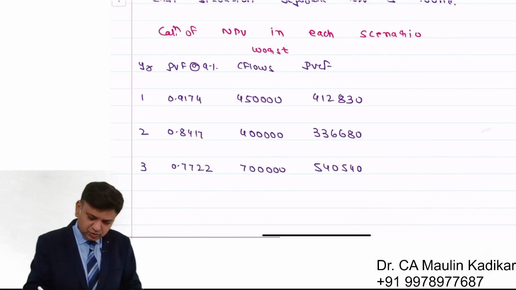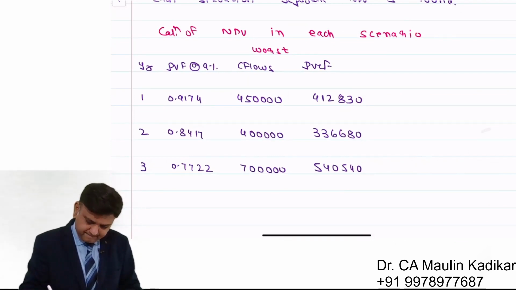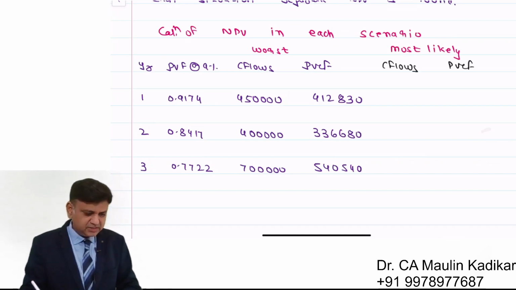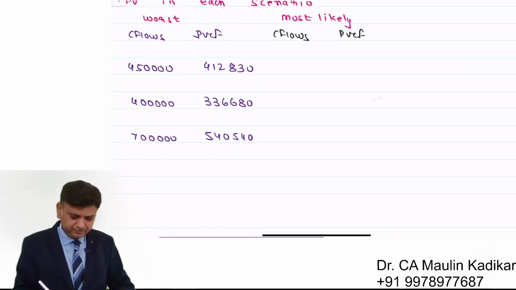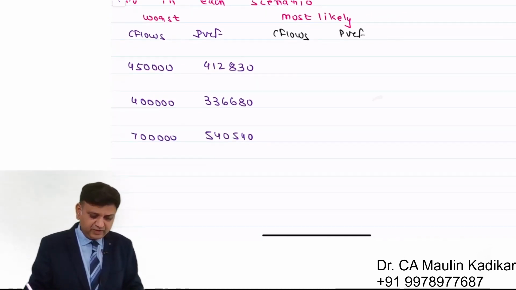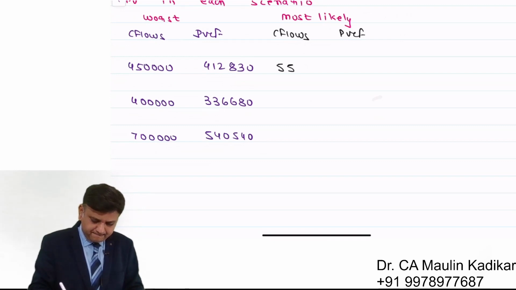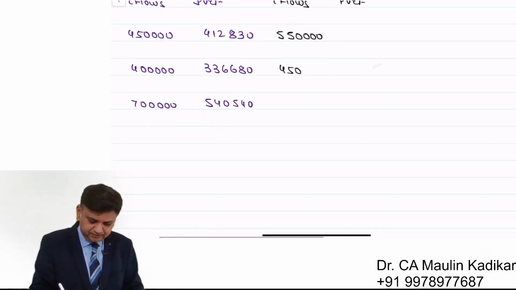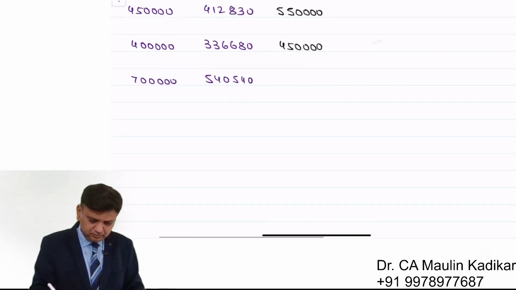Similarly, we will do for most likely. In that, cash flows and present value cash flow. So 5,50,000, 4,50,000 and 8 lakhs.